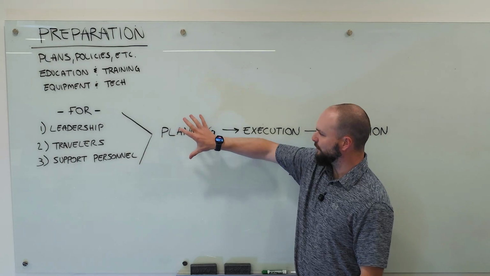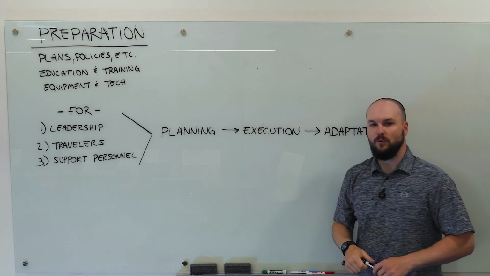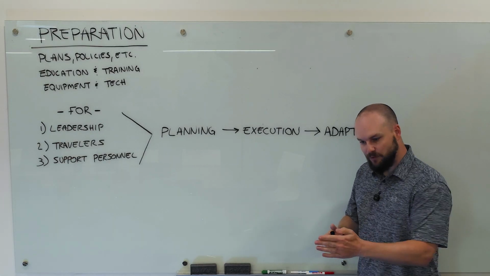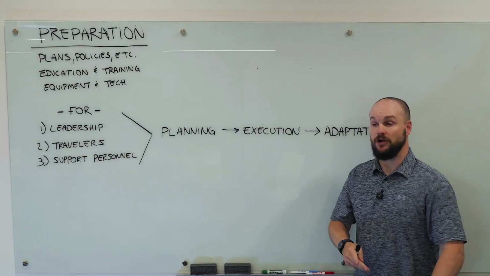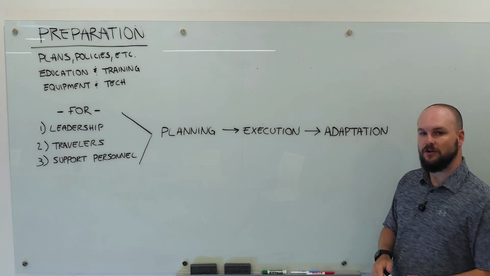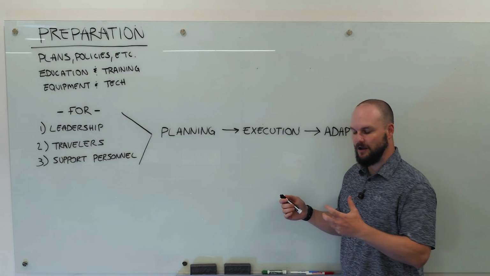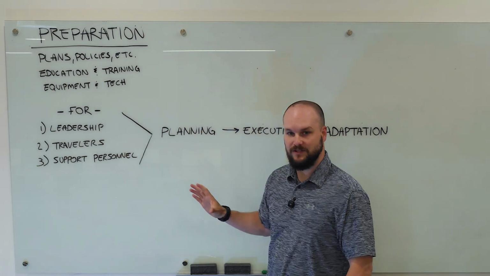So we go through a planning process for trips. Then when things happen, we need to execute upon that. We go through a process to make sure we can recover travelers, make sure they're okay, get them back on their journey or get them back home. And then based upon these lessons learned, we want to bring that information back into the process so that we can mitigate the risk. It's a system.